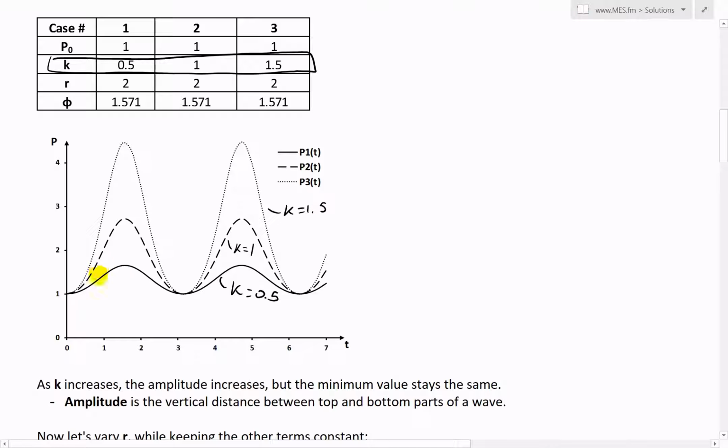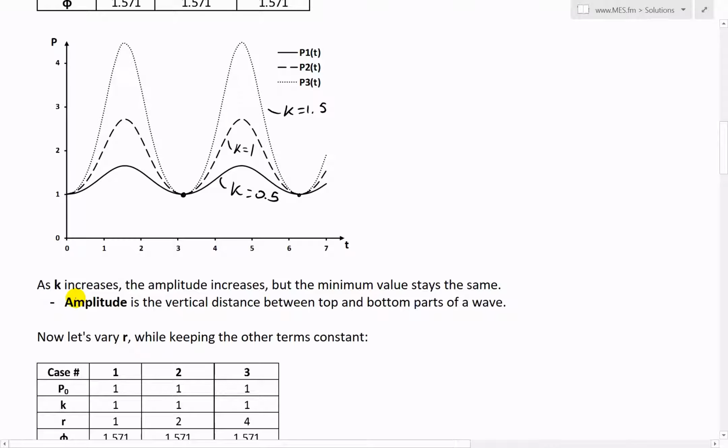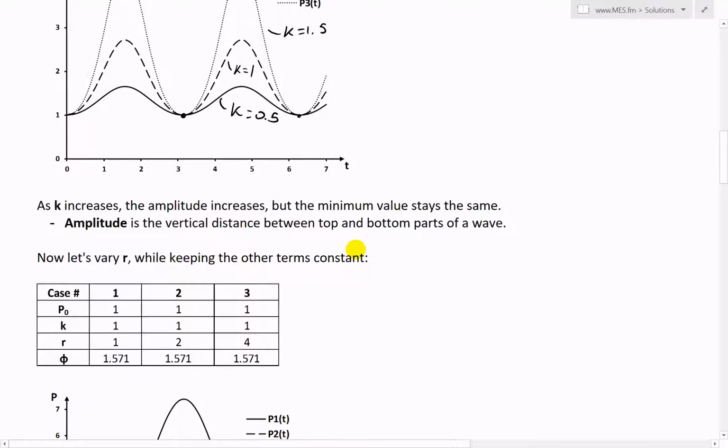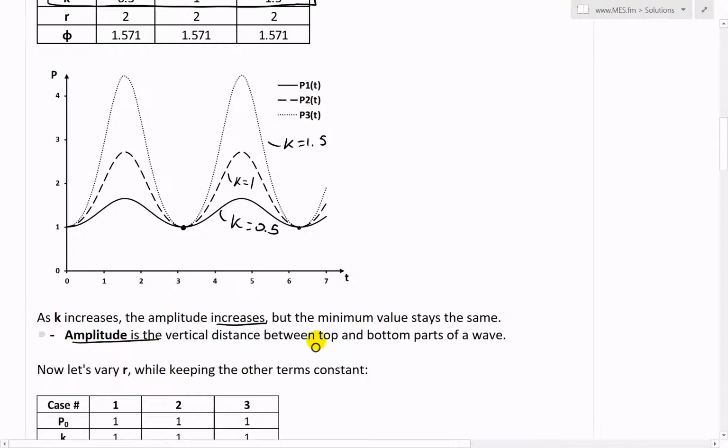As you can see, these are getting higher and higher, except the minimums are all the same, and that's what I wrote down here. As k increases, the amplitude increases, but the minimum values stay the same. The amplitude is defined as the vertical distance between the top and bottom parts of a wave.